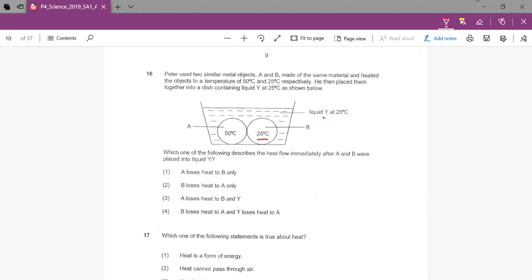If you see liquid Y and object B, they are both of the same temperature. So just the 2 of them, nothing is going to happen. But then now you add object A, which is at 50 degrees Celsius, a much higher temperature than them. So what's going to happen is A is going to lose heat to both of them, right? So answer is A loses heat to B and Y.